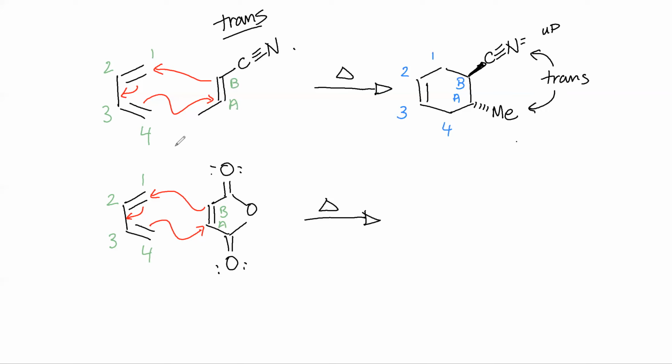In the second system, now we've got a ring structure, our dienophile is actually a ring itself, right? So we're going to have 2 rings. Again, let's label everything. 1, 2, 3, 4.